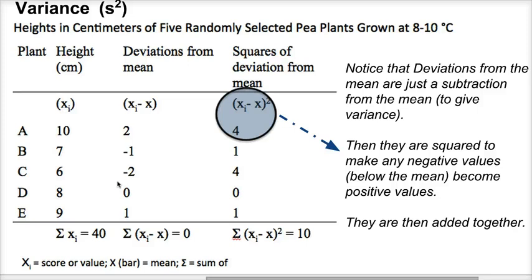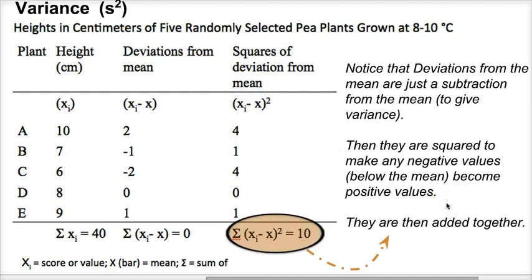It will definitely help with that. All right, so we take the value minus the mean, you get this value, and then you square it, and then you add these values together, and that's how you come up with the variance. Now we're not done yet, but we'll get there.